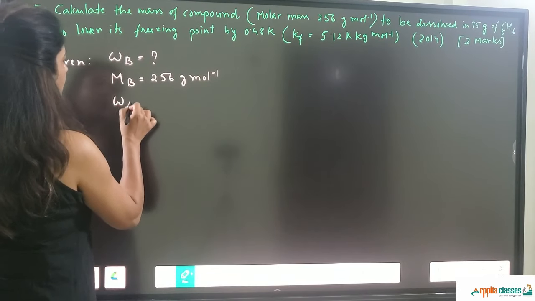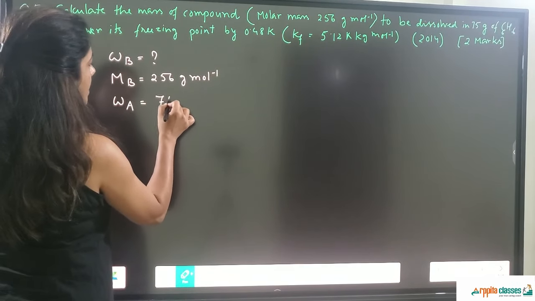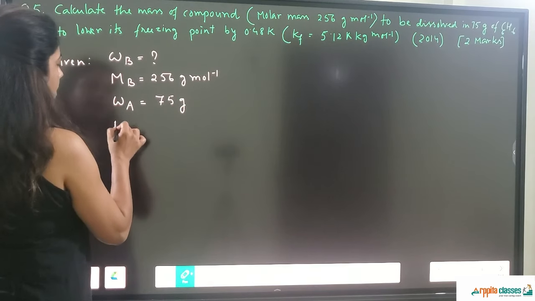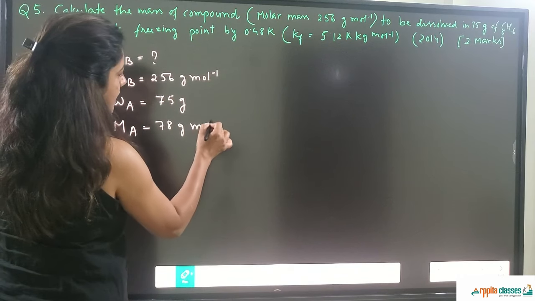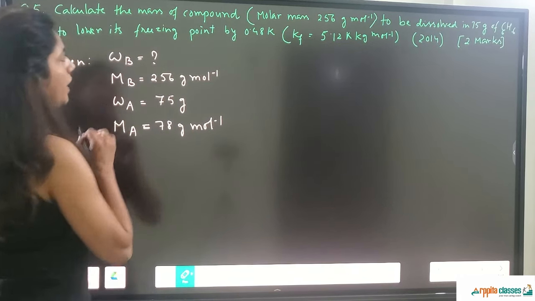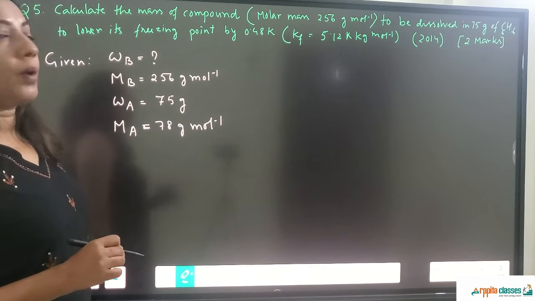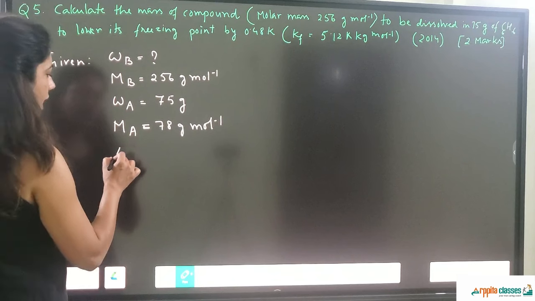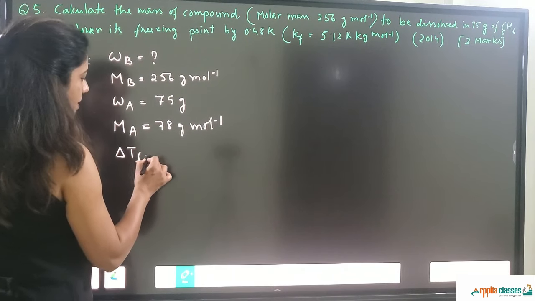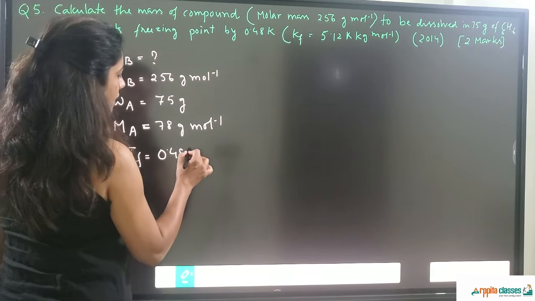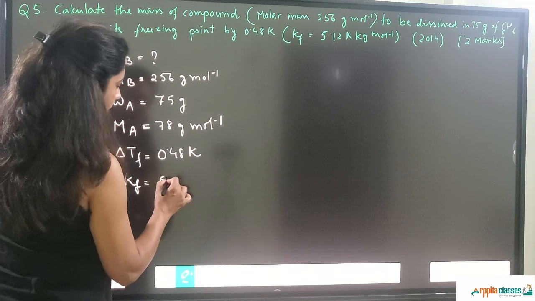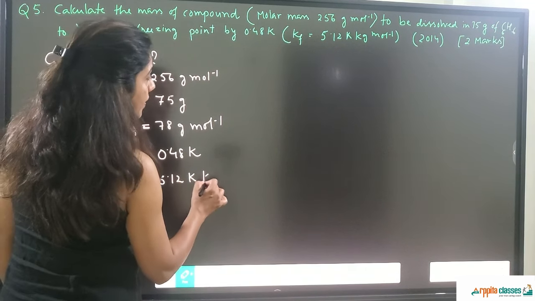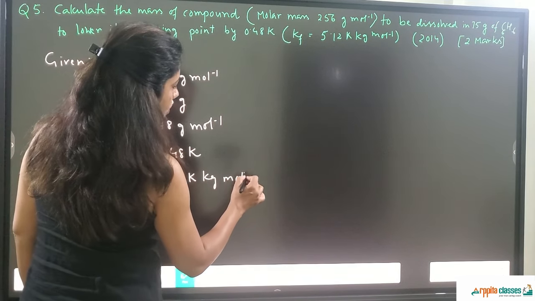So your Wa, weight of solvent, is 75 gram and molar mass of solvent for benzene is 78 gram per mole. To lower its freezing point by 0.48 Kelvin. So delta Tf, depression in freezing point, is 0.48 Kelvin. The value of Kf is given, that is 5.12 Kelvin kg per mole.